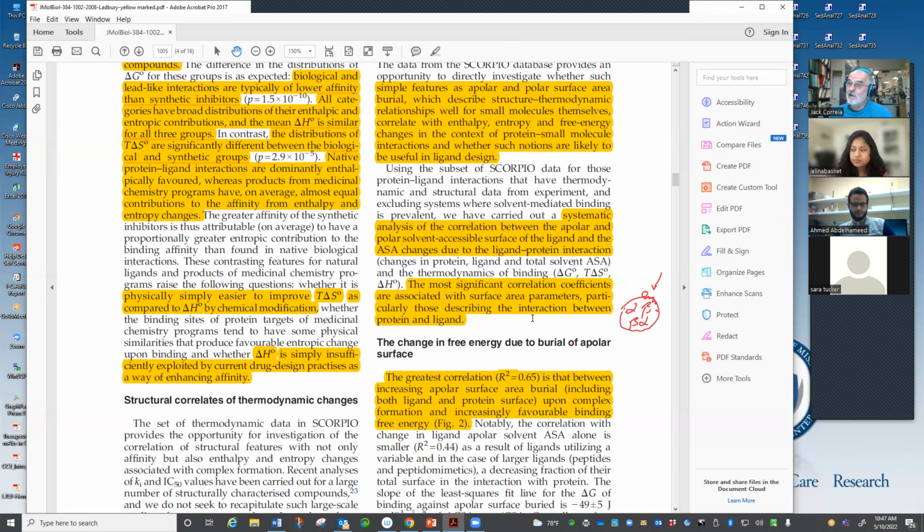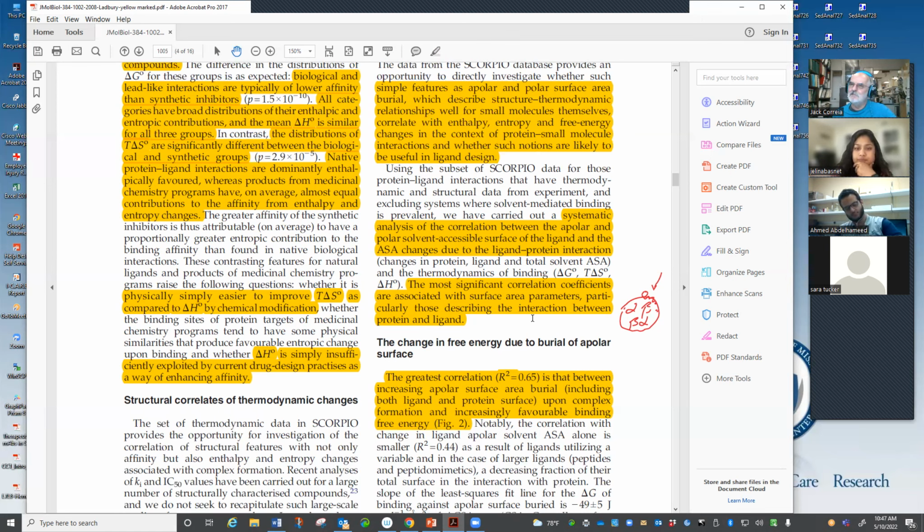So I just implied they must have a crystal structure for every target in this paper of both the protein and the ligand. They must know what they look like in solution and bound, and they can calculate how much surface is buried. And then I mentioned in the tubulin paper stuff last week that we have formulas for calculating heat capacity changes based upon how much buried apolar and polar surface there is.